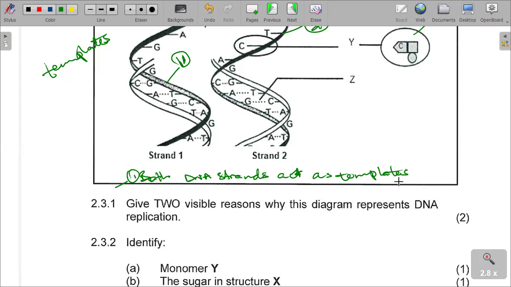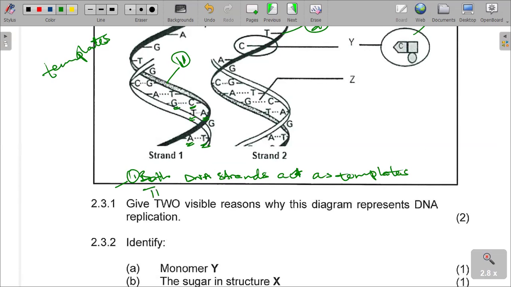And then we also have the matching of what? The matching of nitrogen bases. We can see nicely that there is G here, there is C there, there is T, and there is A. So there is A, there is T. So we can as well say that for the nitrogen bases, thymine is attached to what?